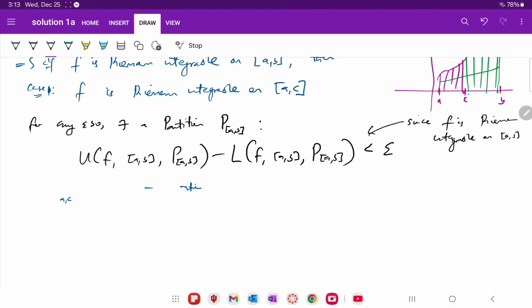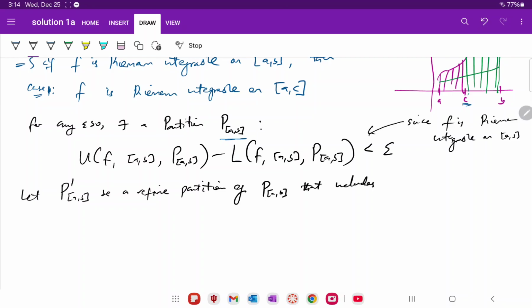Alright, so let's define another partition. This partition may not necessarily include the point c. So if we define another partition, let P prime of a, b be a refined partition of the partition P of a, b that includes point c.